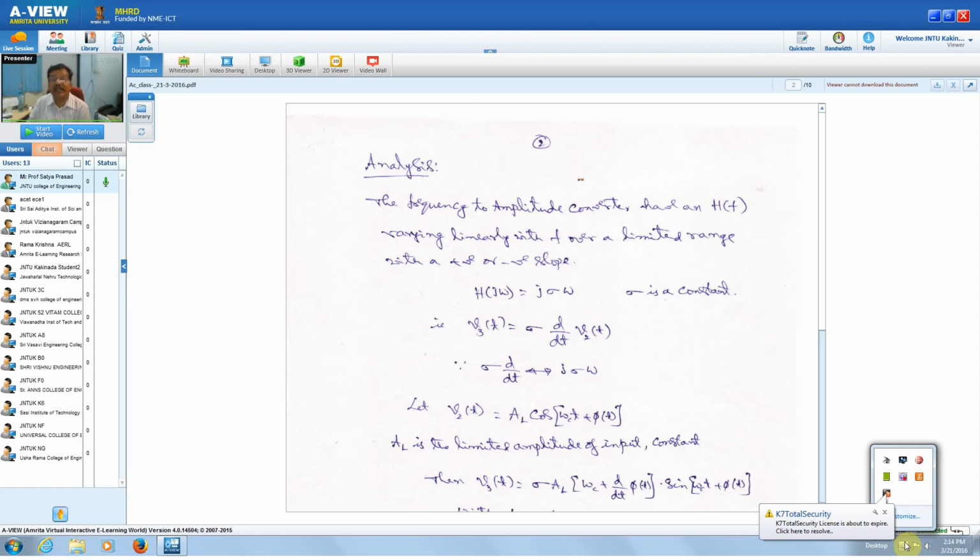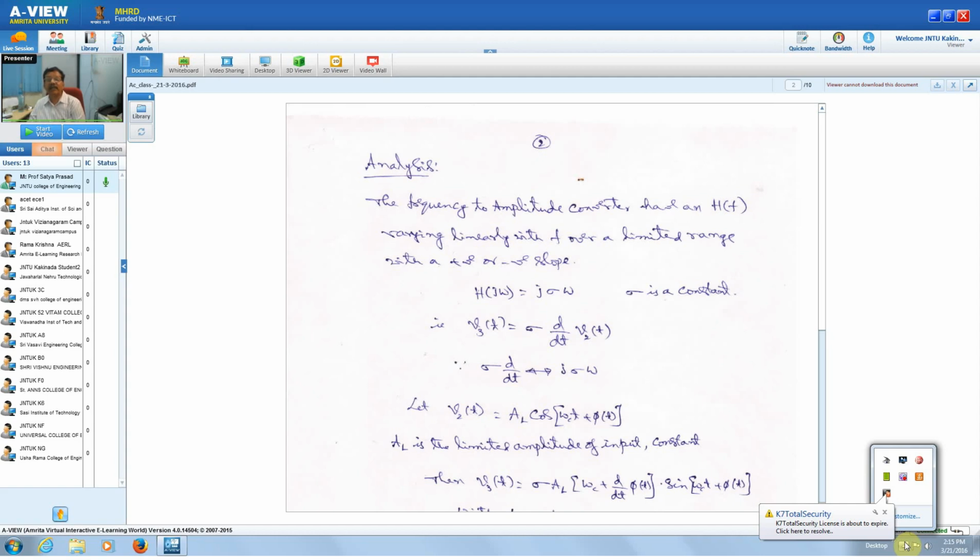Therefore, this V3 of t, the output of your frequency to amplitude converter, is given as sigma d by dt of V2 of t, where V2 of t is the input. And as we are saying, d by dt gives you j omega.